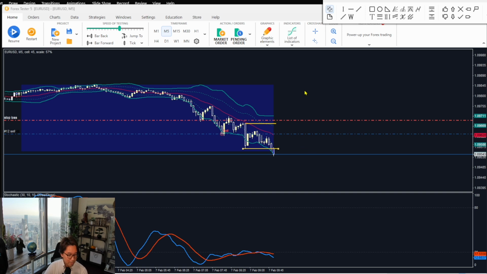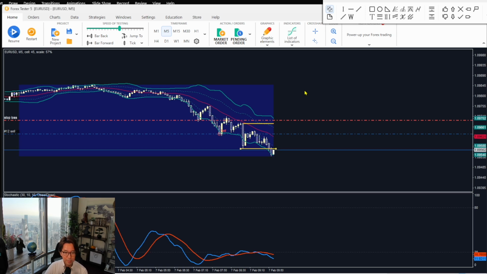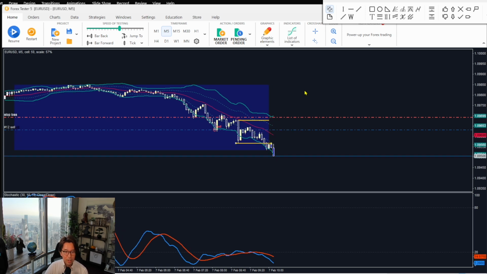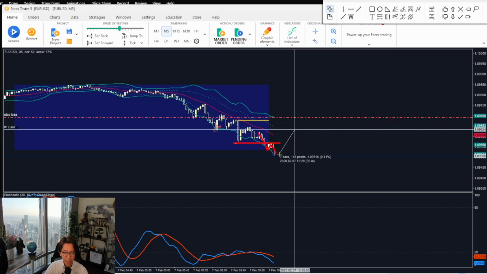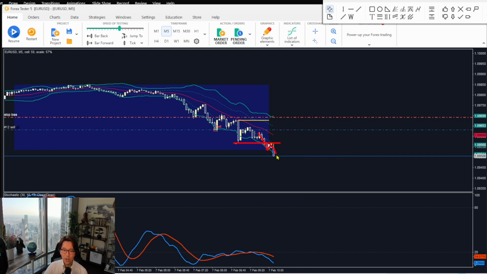So let's see how it plays out on this one. Okay, looks like the market was resisted by the support level of the inside. Now I see a small reversal wave. But the running pips so far, 12 pips, is still too small to set break-even. So I'll just let it run a little bit more.